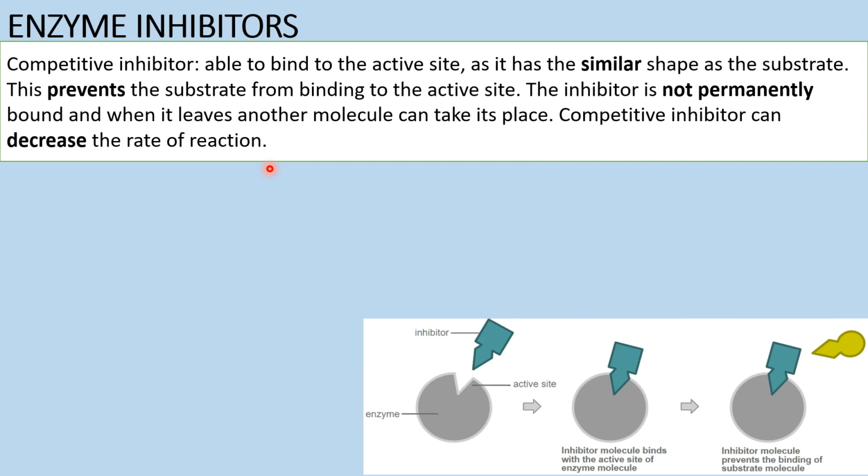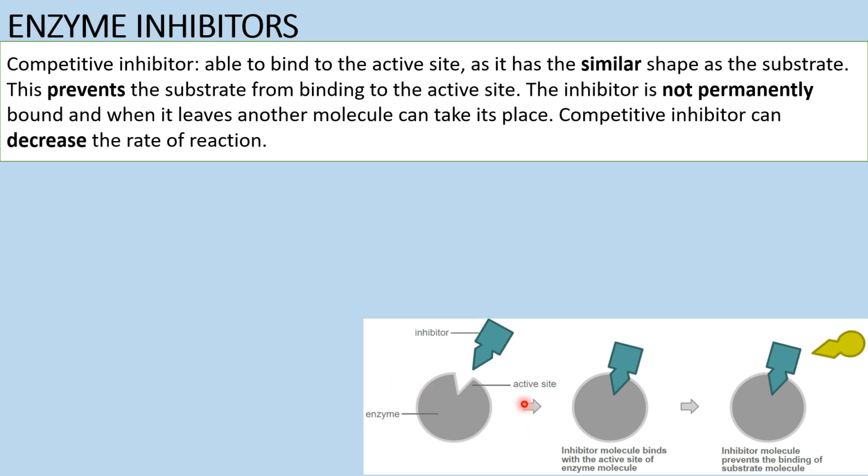Enzyme inhibitors. We have two types of inhibitors, competitive and non-competitive. Let's go on to the competitive inhibitor. Looking at this image here, it's not a graph, sorry. Now, this image will really help us to understand what a competitive inhibitor is.